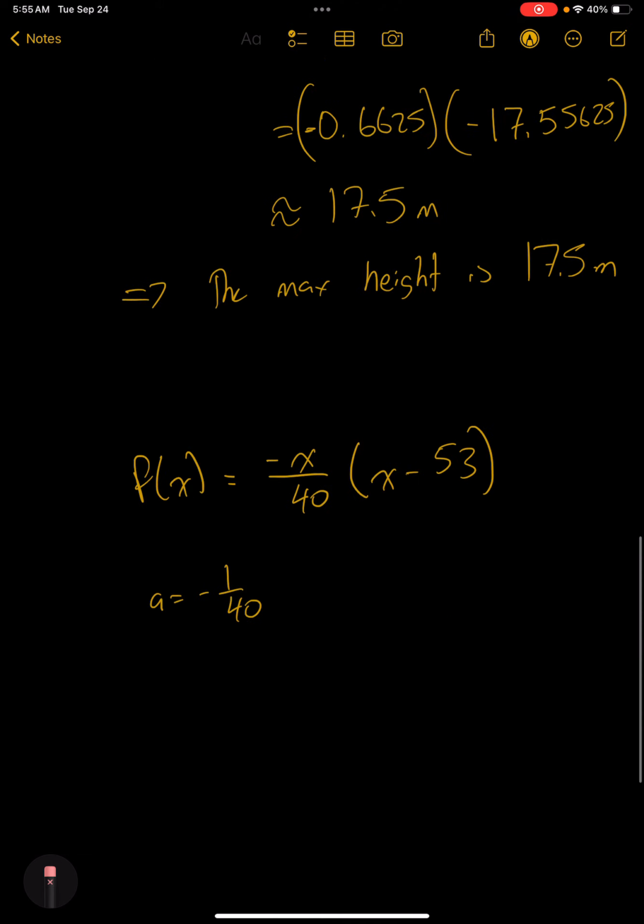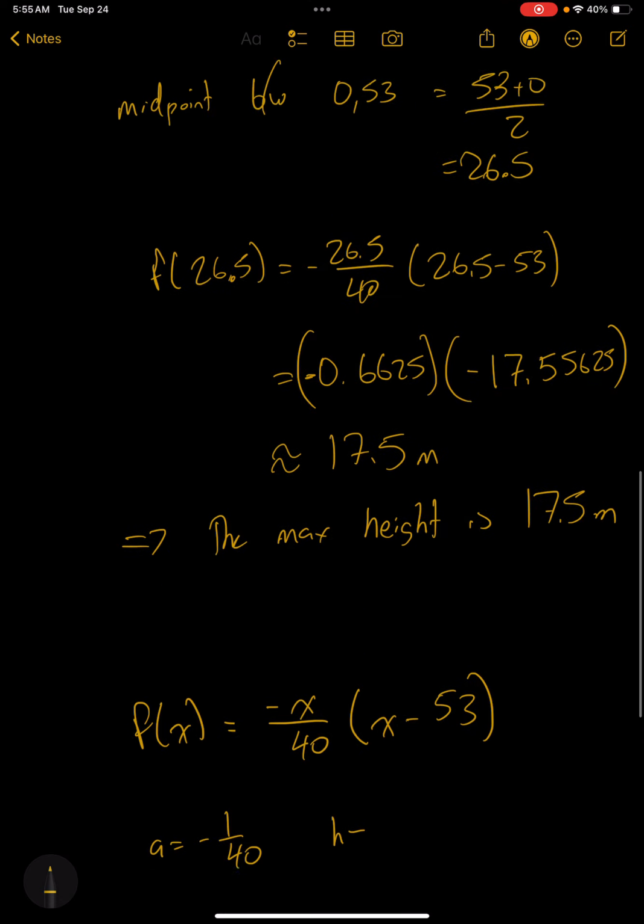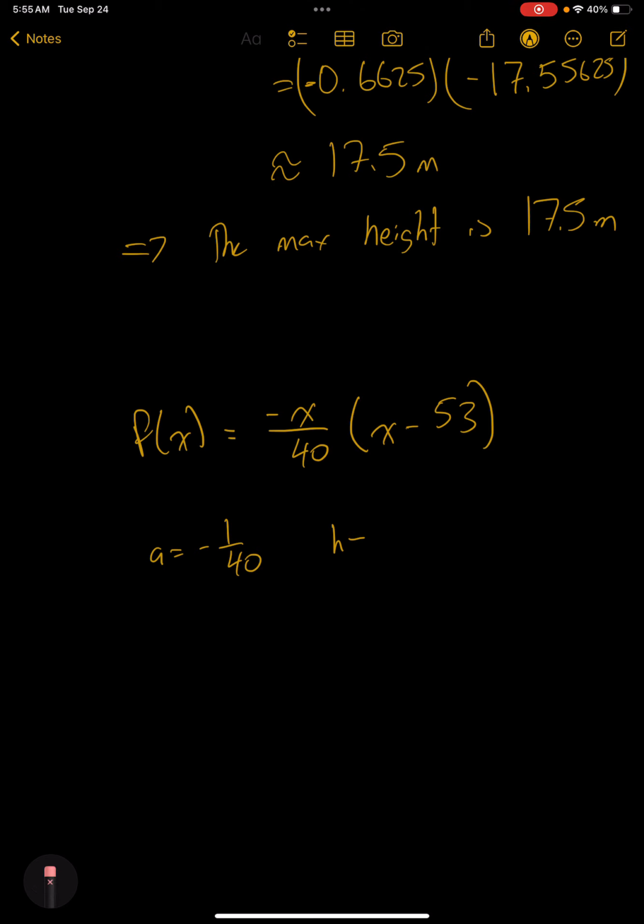Up top. We have h as a horizontal shift. What's a horizontal shift? It's where the x is, 26.5. h equals 26.5. And k is equal to 17.5.